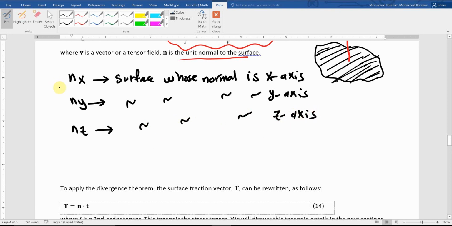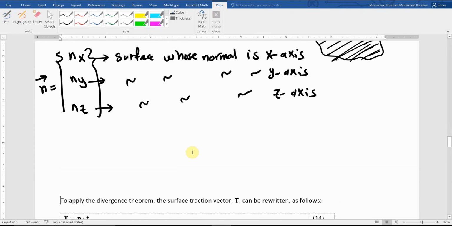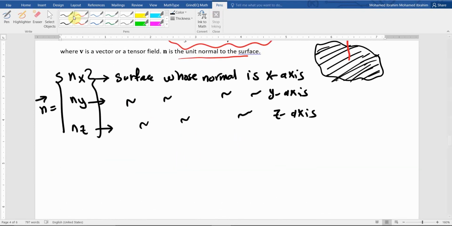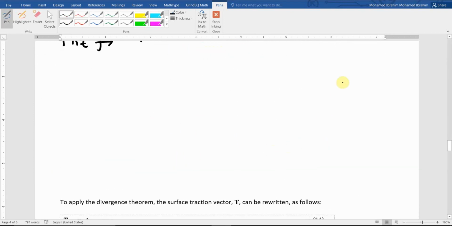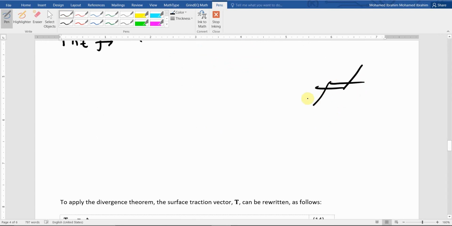So generally, the unit vector has only 3 components because it is just a vector, right? So it is the unit normal vector. It has nx, ny, and nz. For example, to explain this point, let us assume this cube. Assume that you have this cube shape. Okay.